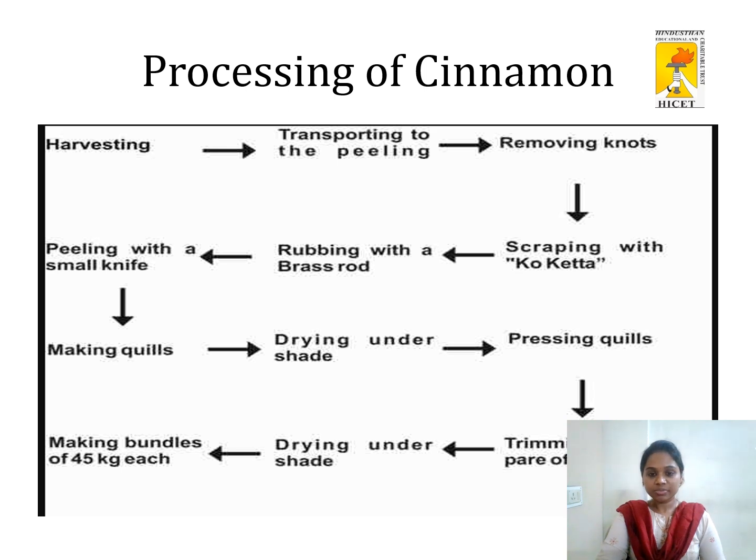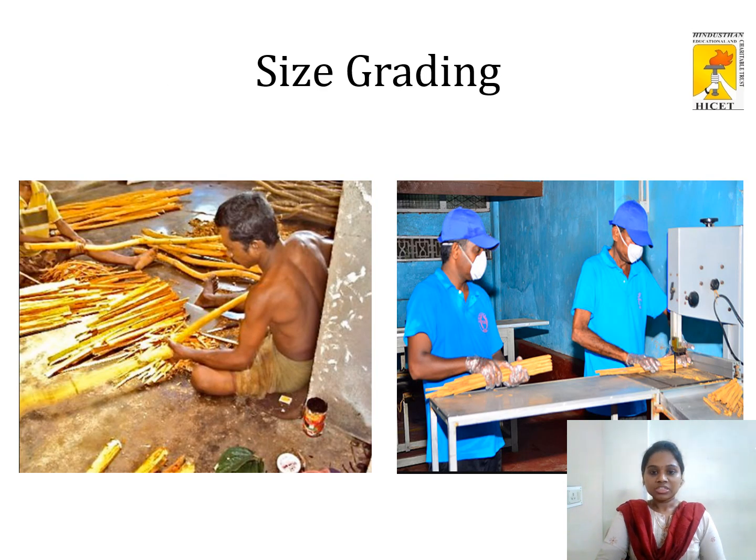So these quills will be further dried under the sun or shade. After shade drying, they will be pressed into quills. So these pressed quills will be further dried under shade and made into bundles consisting of 45 kgs.